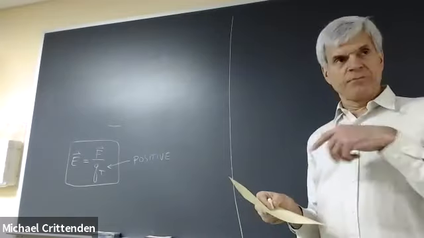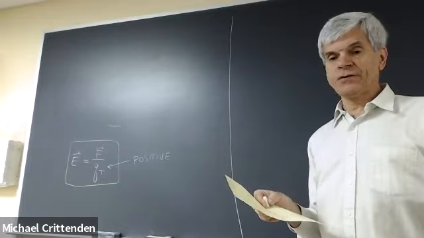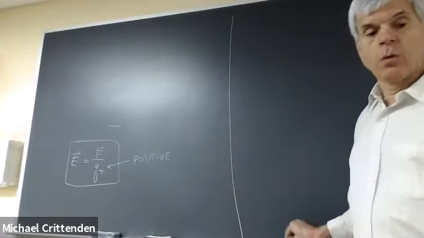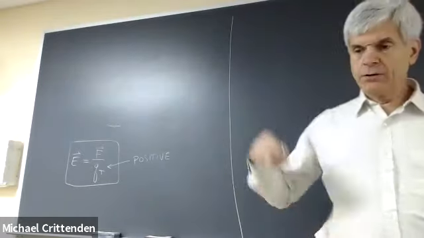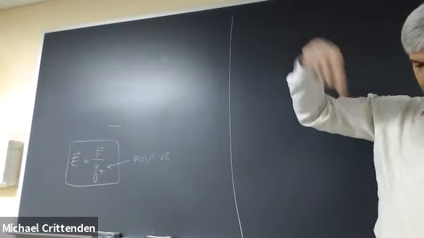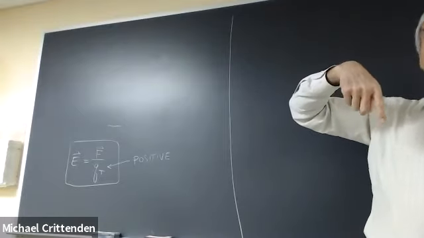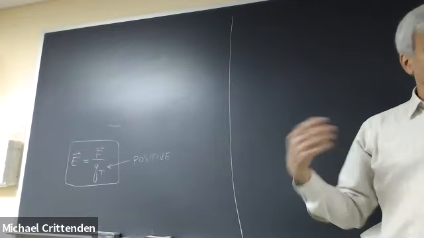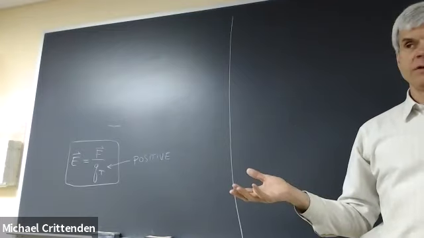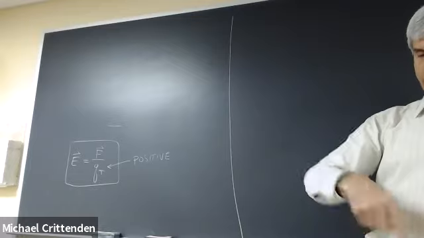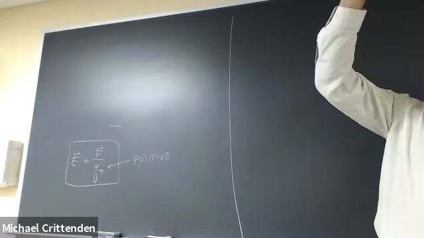So that's one difference between electricity and gravity. There's only one kind of mass. No matter what I drop, it goes that way. With electric fields, there are two kinds of charge, positive and negative. One goes that way, the other one goes that way.